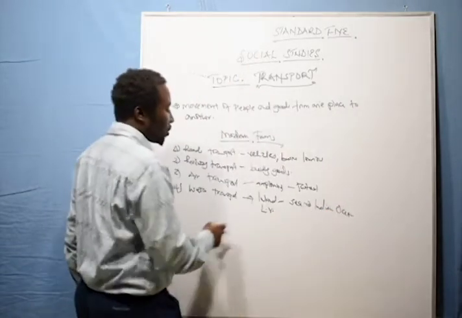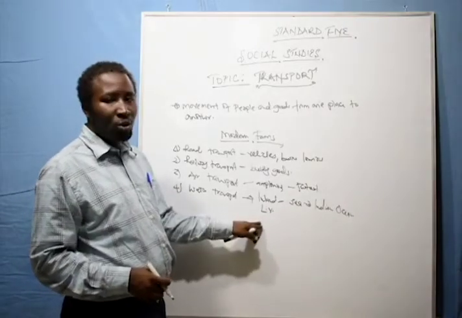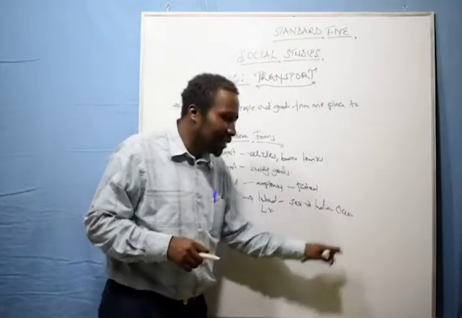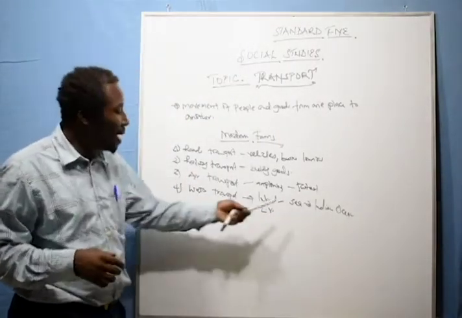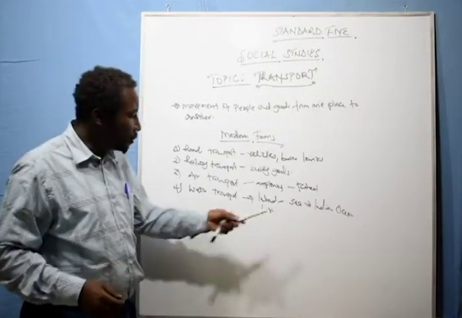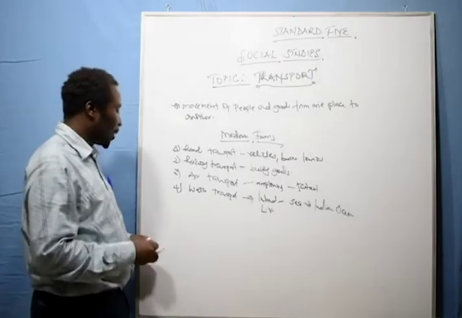So we have transport at Lake Victoria, transporting people and goods via canoes and small boats. And you have the sea, where we see the ferries, the ships, the steamers, transporting things along the sea, okay?